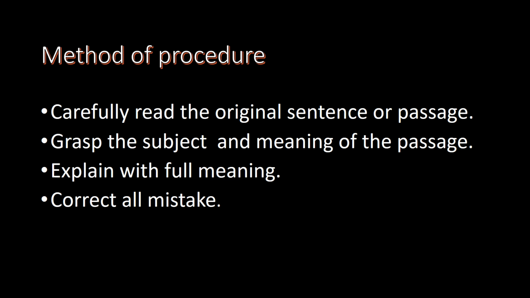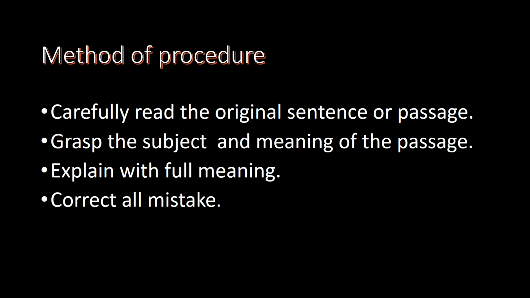Once we grasp it, we need to understand the title, the subject, and then we start writing. We should explain it with full meaning, and for full meaning we can add other idioms, proverbs, metaphors. It should be in plain language, but we can give some reasons to support it.